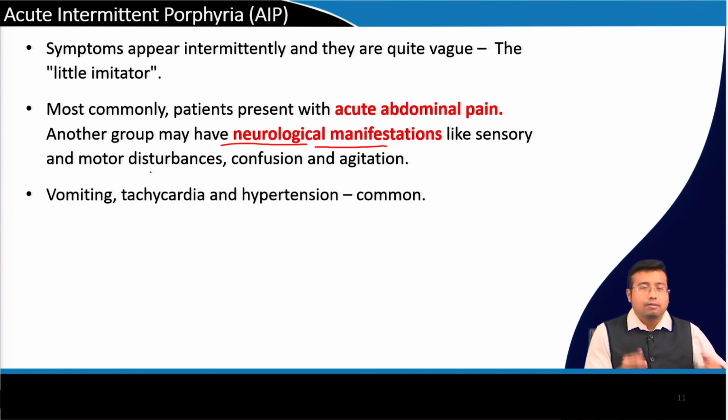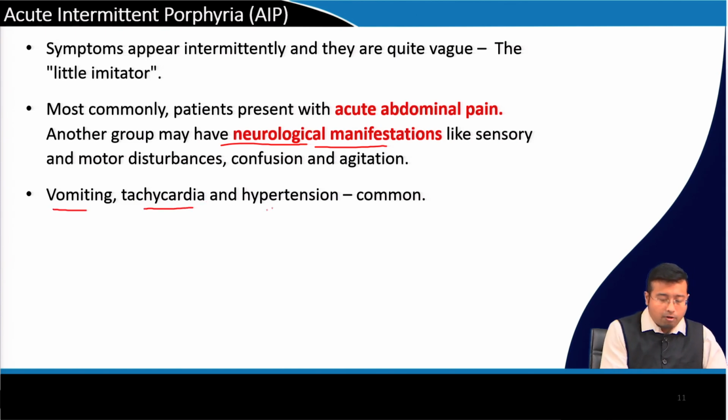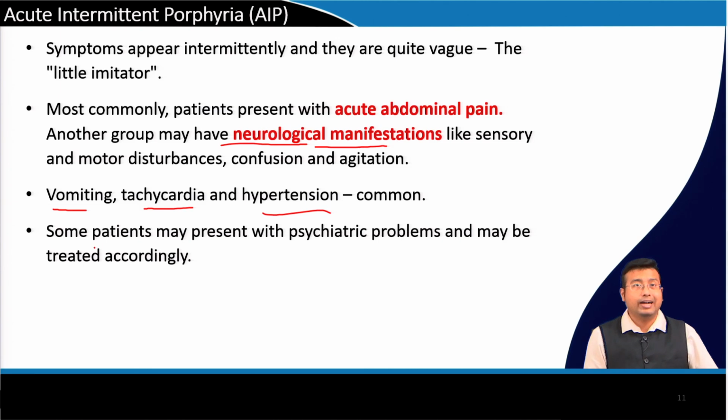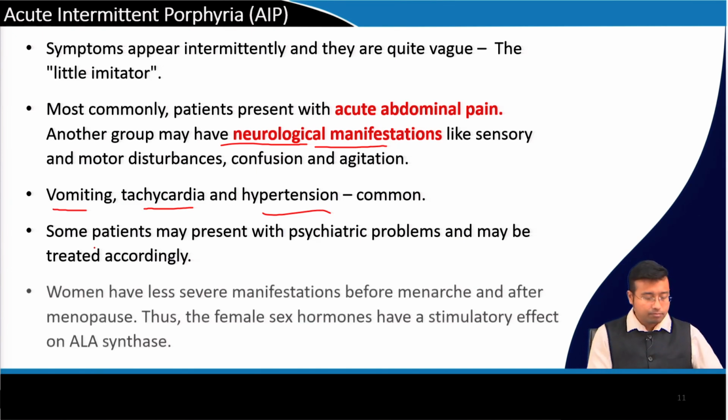Other neurological phenomena lead to excess triggering of nerves and the cardiovascular system, and vasomotor symptoms like tachycardia, vomiting and hypertension are very common. So, abdominal pain, neurological manifestation, vomiting, tachycardia, high blood pressure, are very common. Also, some patients may have psychiatric problems, and they need to be treated accordingly.